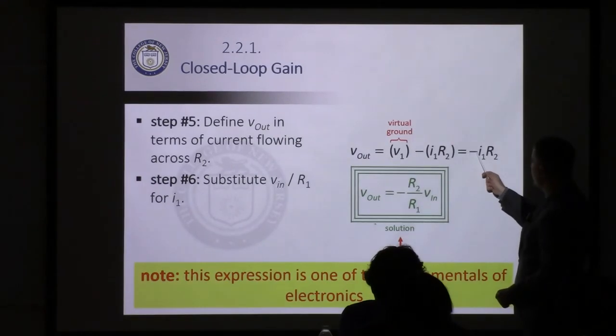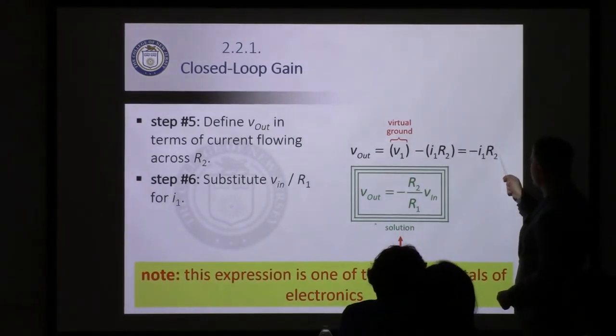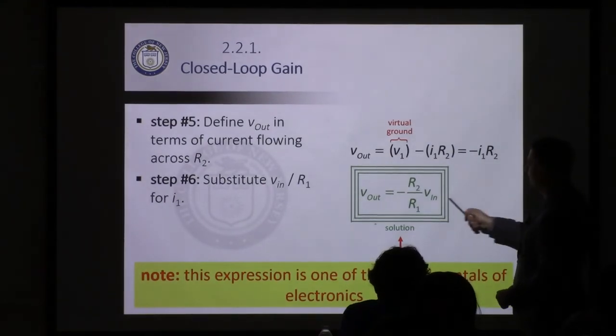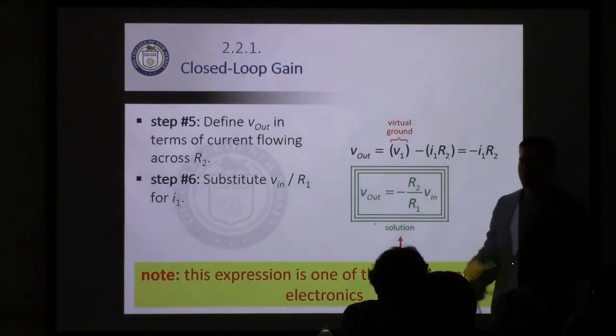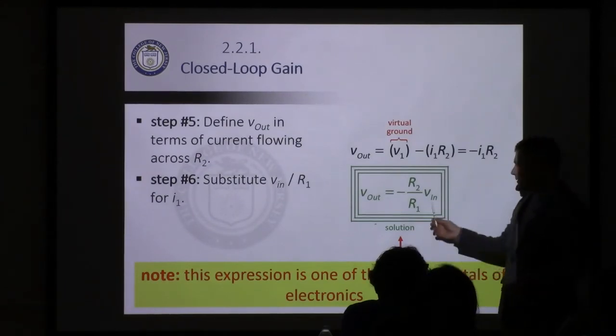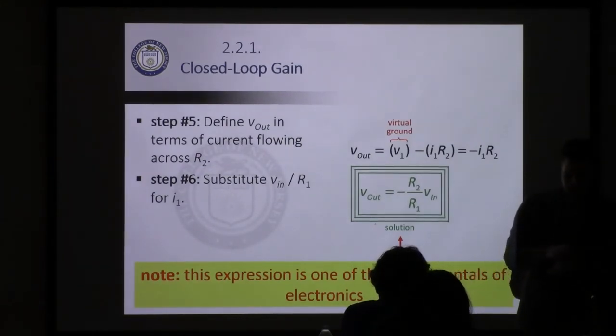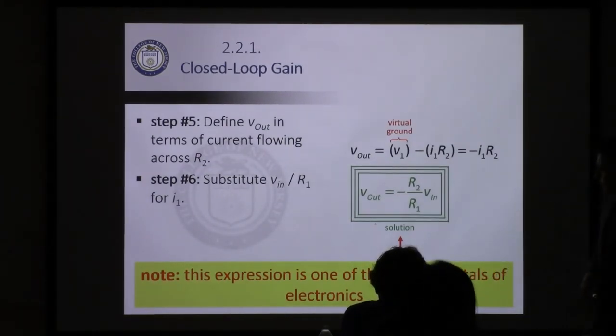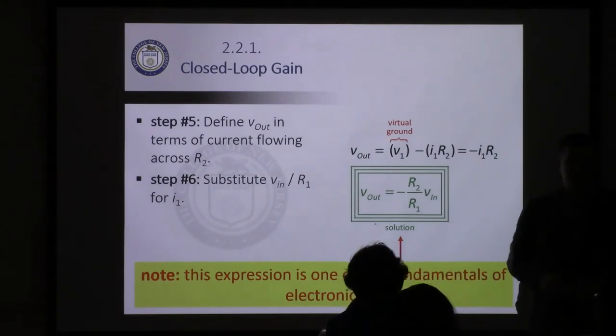We end up with negative R2 times V in divided by R1, and that gives us this, which is shown right here. This is one of the most fundamental expressions that we're going to see in this course. Negative R2 over R1 is the gain for the inverting op-amp.